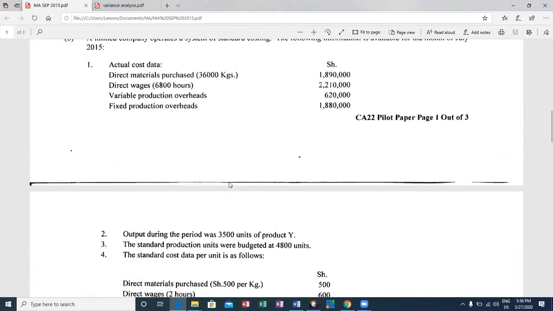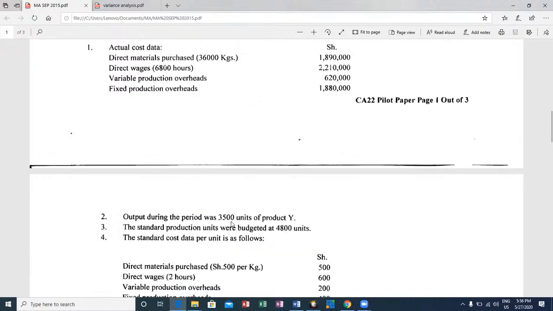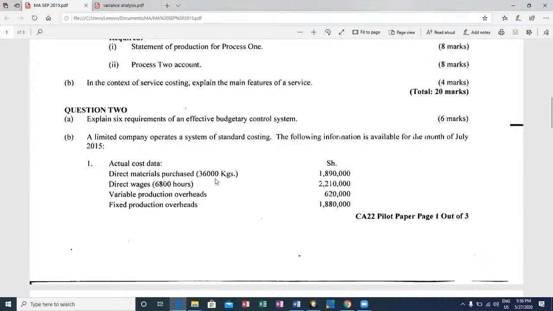For example, the architect tells you you're going to use 3,500 bags of cement, and you end up using 36,000. That variance will be way too high. It's not practical. That is why I would want us to cancel that zero, so that we talk of 3,600 kilograms. Let's cancel it right away.